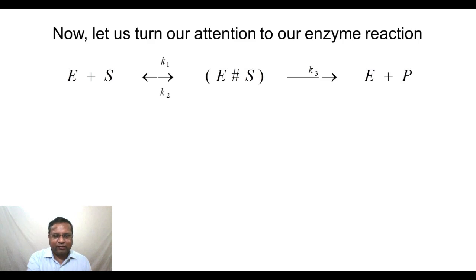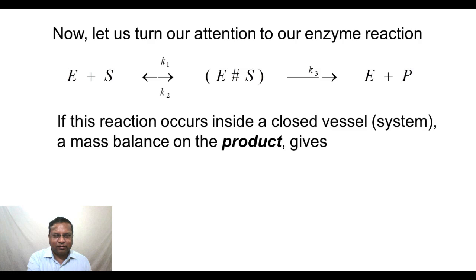If this is the case, and let us say this is occurring inside a closed vessel, a batch reactor, which we take as a system, we will write a mass balance on the product. That gives the rate of generation of the product minus the rate of consumption.